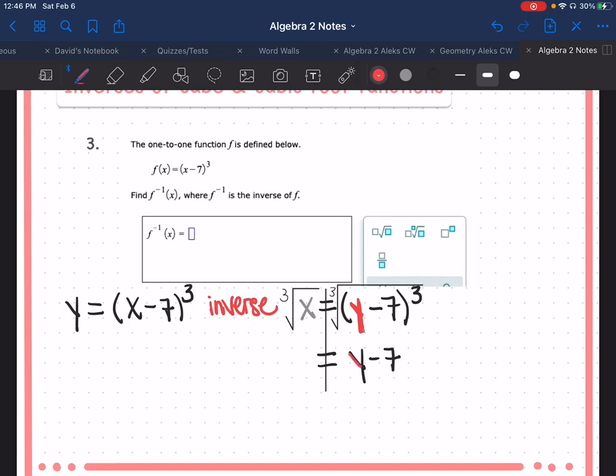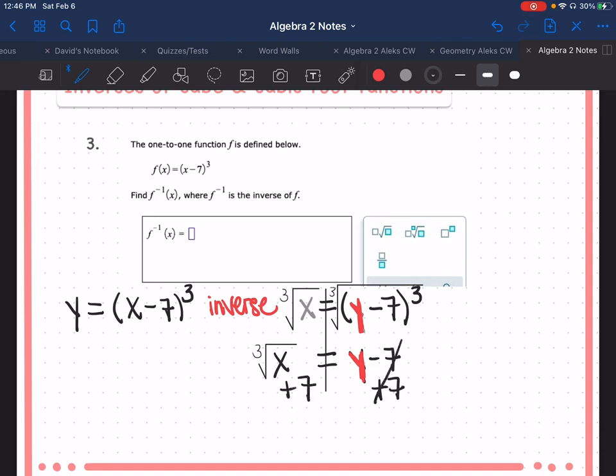And remember, my focus is still to get that y alone. But on the other side, I have the cube root of x. The last thing I'm going to do is add the 7 to the other side.